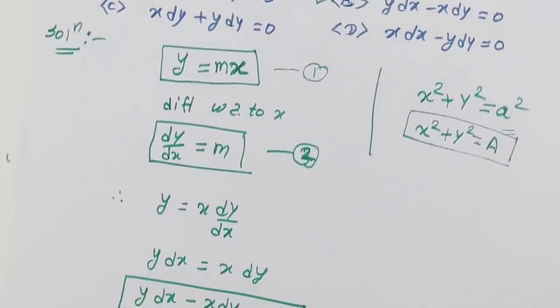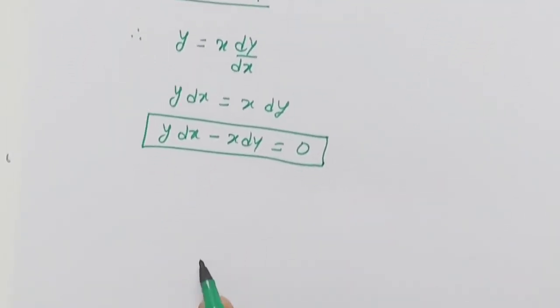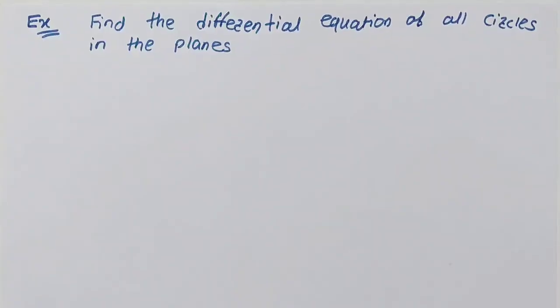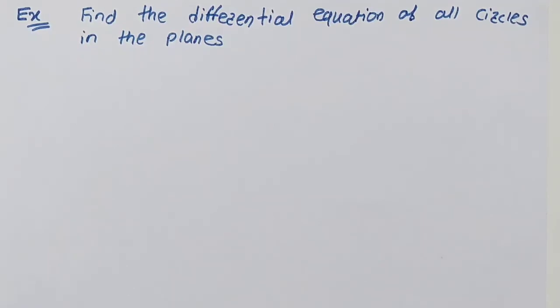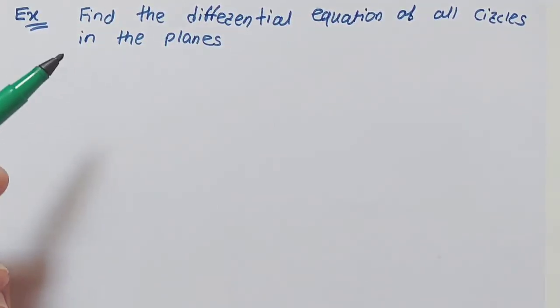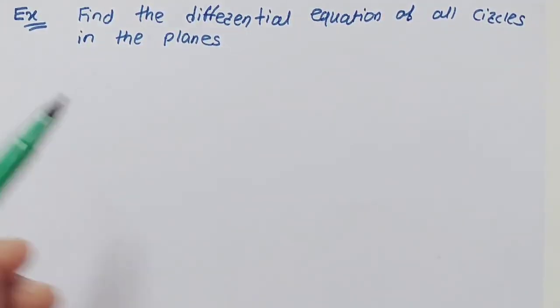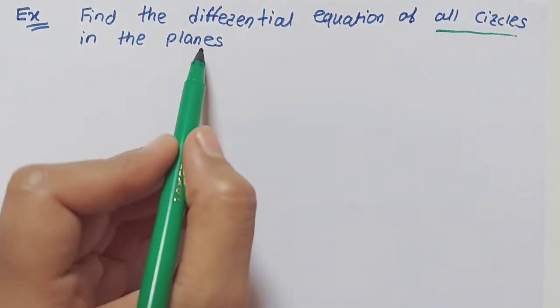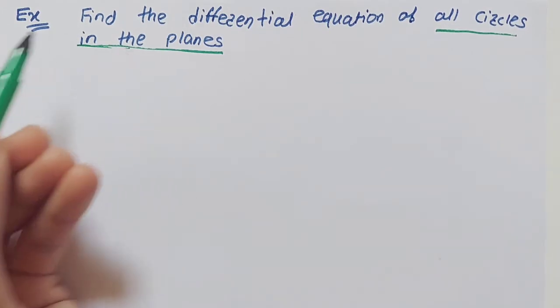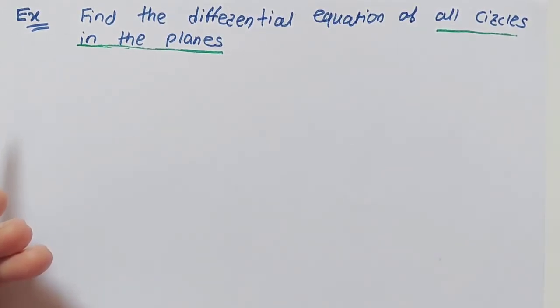Now I will discuss the second method of formulating differential equation. We discuss the next method of formation of differential equation with the help of this example. The example is, find the differential equation of all the circles in the plane. All the circles in the plane, that means we have to find the differential equation satisfying all these equations of circles.